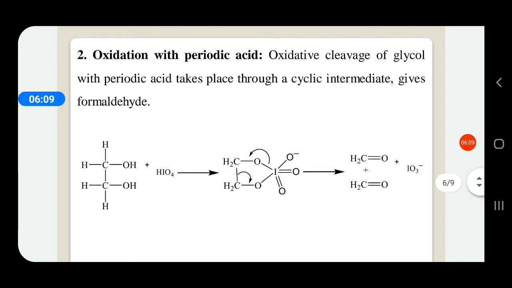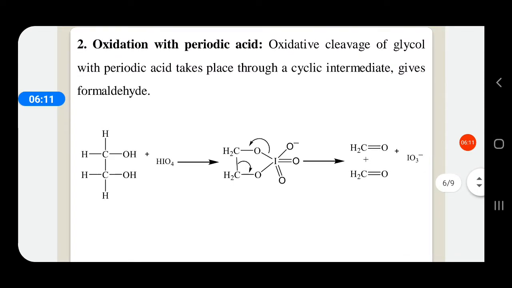The second one is oxidation with periodic acid. In this reaction also carbon-carbon bond cleavage takes place. Oxidative cleavage of glycol with periodic acid takes place again through a cyclic intermediate. From that, the oxygen-iodine bond is broken.